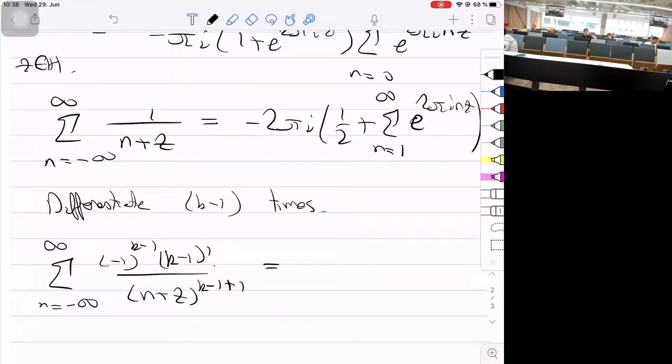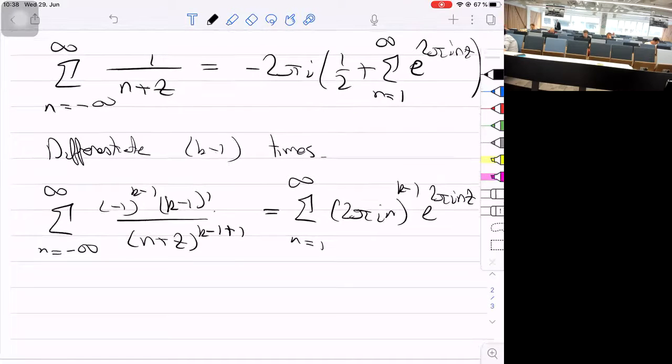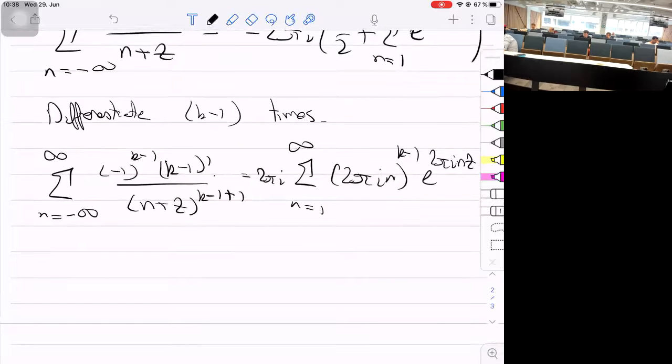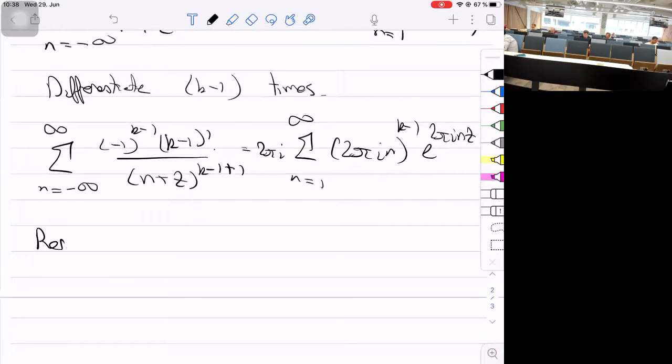On the right-hand side, the half sum disappears, so we get the sum n equals 1 to infinity, with n^(k-1). And now we can do a little bit of rearranging. I'm missing the 2 pi i outside, aren't I? Let's then do a little bit of rearranging, and you should just quickly get the formula we're supposed to prove.